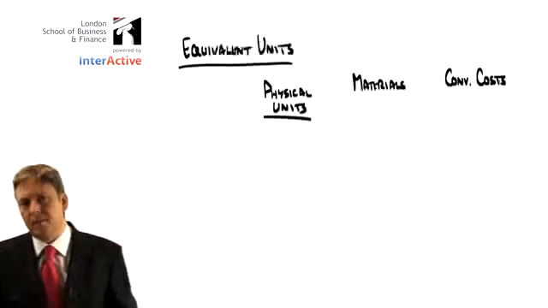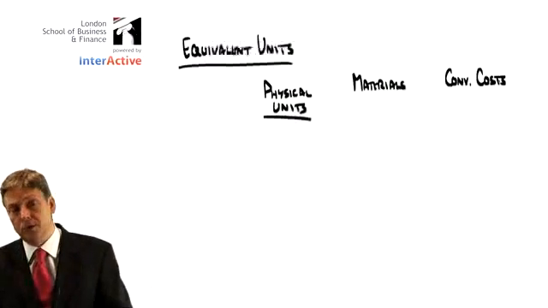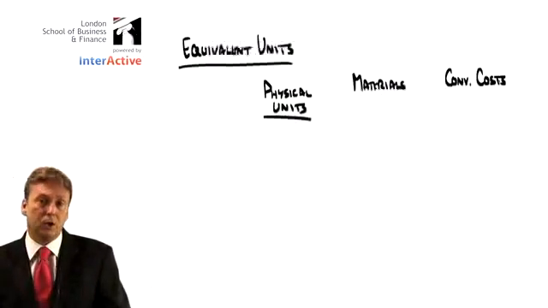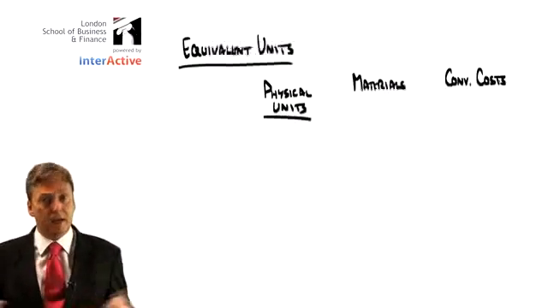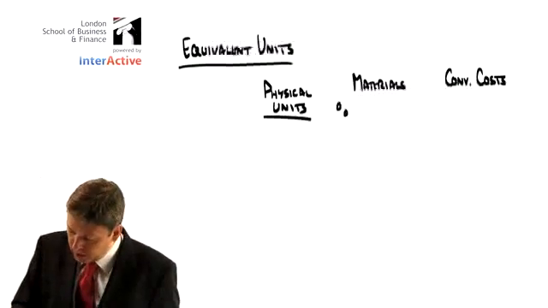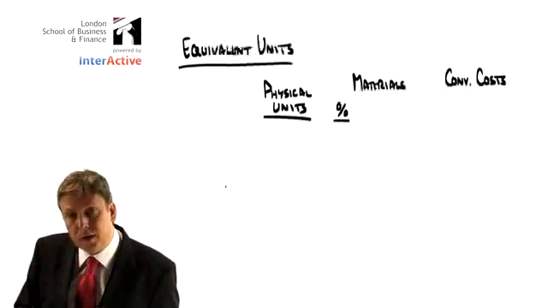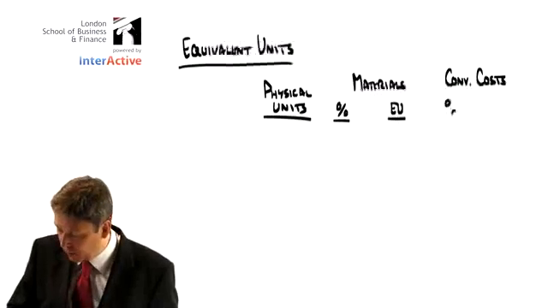Please note, if the examiner gets very excited with this, we could have more than 2 components, because of course the conversion costs could be separated into, if nothing else, labour and overheads. When we look at materials, I want to know the percentage degree of completion and the number of equivalent units that arise. Likewise for conversion costs.